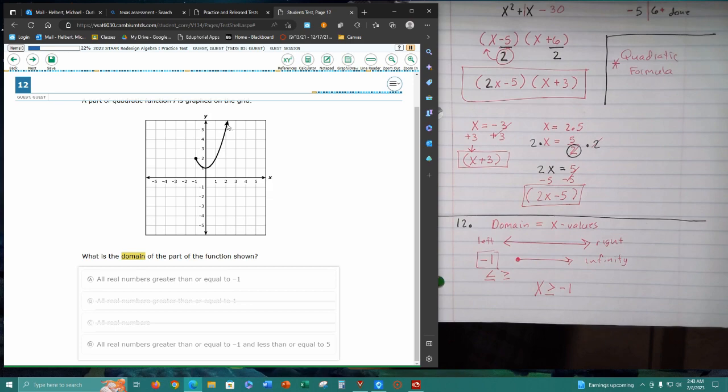That would mean that it would stop over here at 5 on the x-axis. So it would have went up here and had a dot on it. But they didn't put a dot, they put an arrow. So that's false. So the correct answer is A, that it's all real numbers greater than or equal to -1. Because it can be -1 or it could be any number to the right of it forever, because this graph continues to go. Go ahead and write a statement of how you solve this correctly.